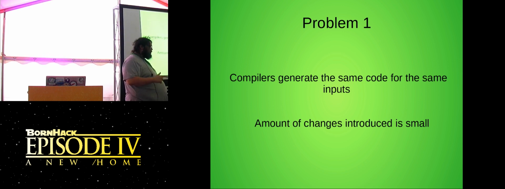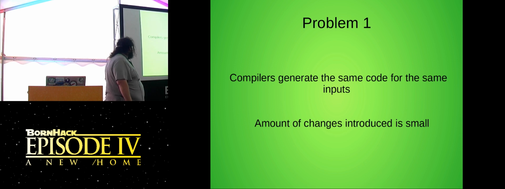Reproducible compilation, and you can make sure that the code that is compiled by a third party is exactly the same code you will get, and that there was basically no magic or anything weird being done behind. That means that the amount of changes on the resulting binaries will also be small. If you just change one function, most likely the only change or the few changes will be on exactly that function and not anywhere else.